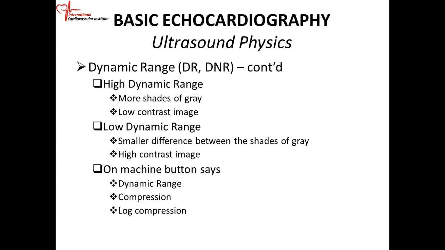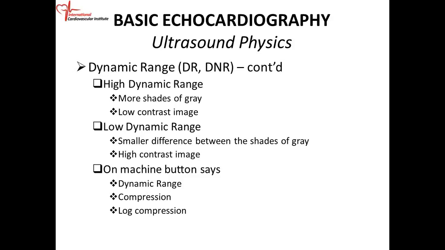So dynamic range: when you look at the echo, you see these different shades of gray, 50 shades of gray. There's dark gray and then light gray.